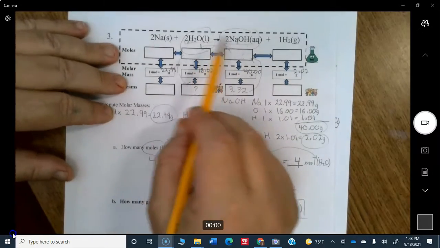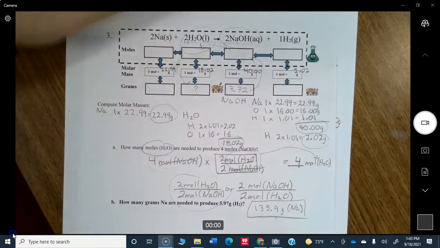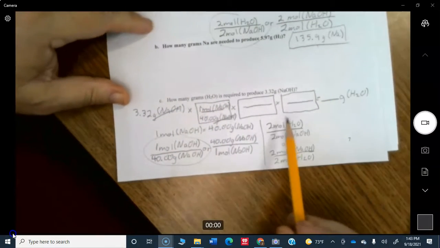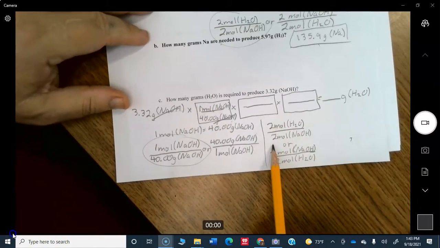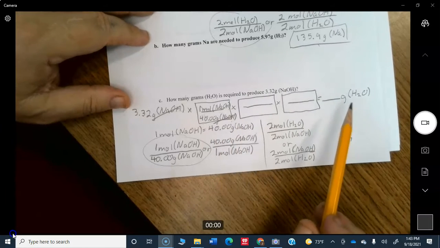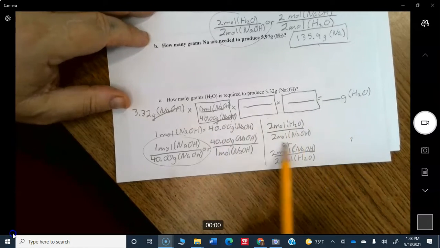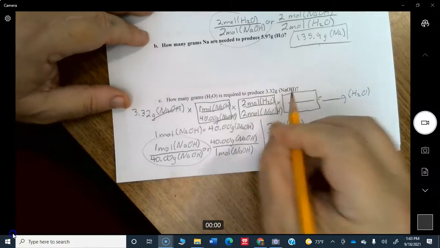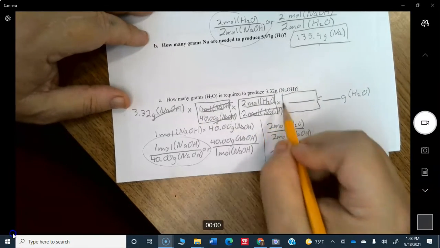These two are equal, so one over the other, just add the word moles. Okay, so which one goes on top? Which one goes on bottom? You need moles of NaOH to cancel because it's not in the final answer. So this one has moles of NaOH on the bottom. That's what you want. Okay, so moles of NaOH cancels with moles of NaOH.